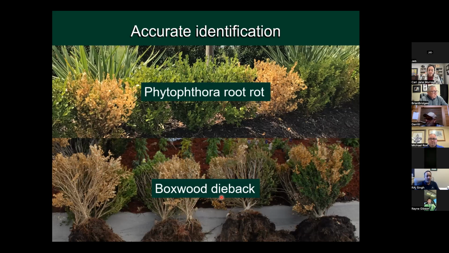Boxwood dieback, I think we have had for maybe 20 or 30 years, and it was misdiagnosed because it produces very similar symptoms to Phytophthora root rot. Now, this is a true fungus; Phytophthora is not a true fungus. I have had several cases where landscapers were managing boxwood dieback as Phytophthora root rot, and because these are two different kinds of diseases, the management is different, and they were just wasting their time and money.